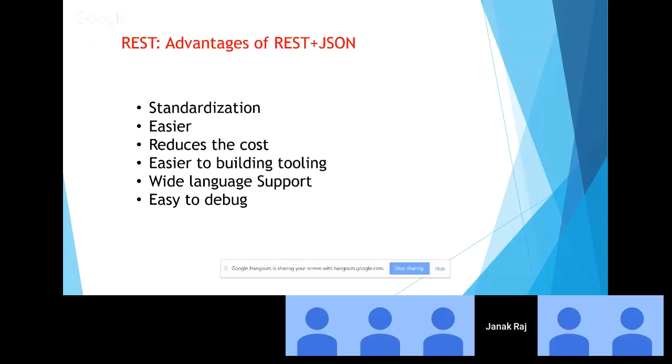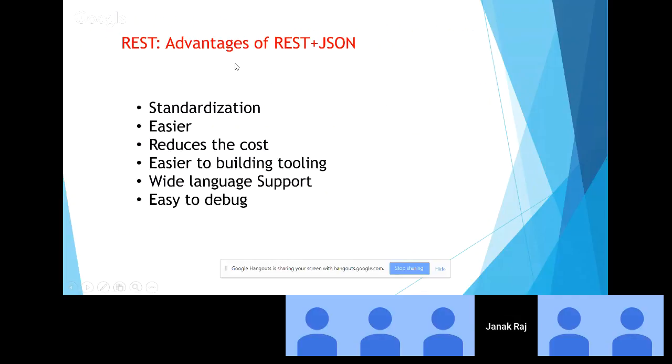Now, I have not studied REST with JSON a lot, but I have seen some things about it, and it has a lot of advantages, and among those I have included some of them. The first one is standardization.